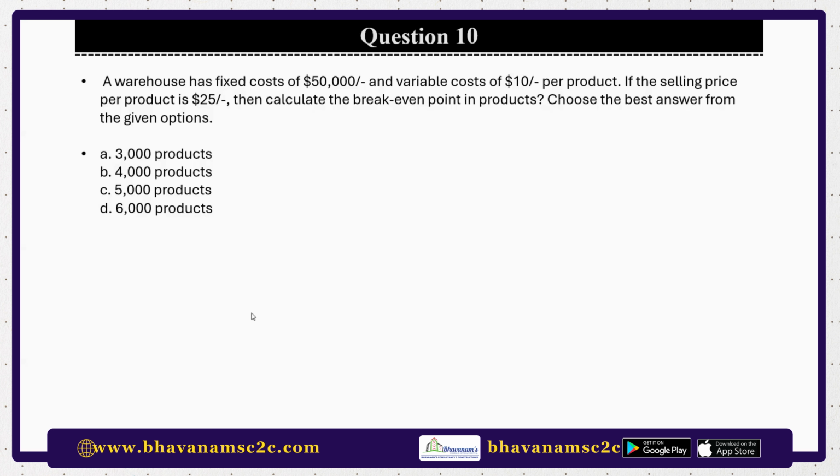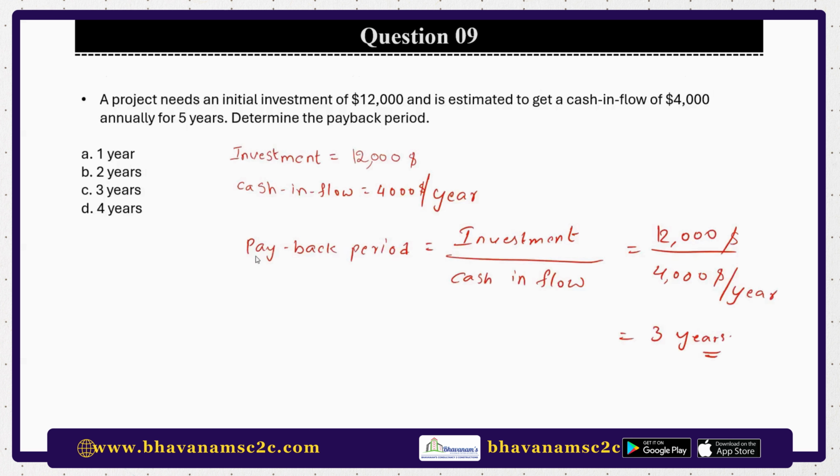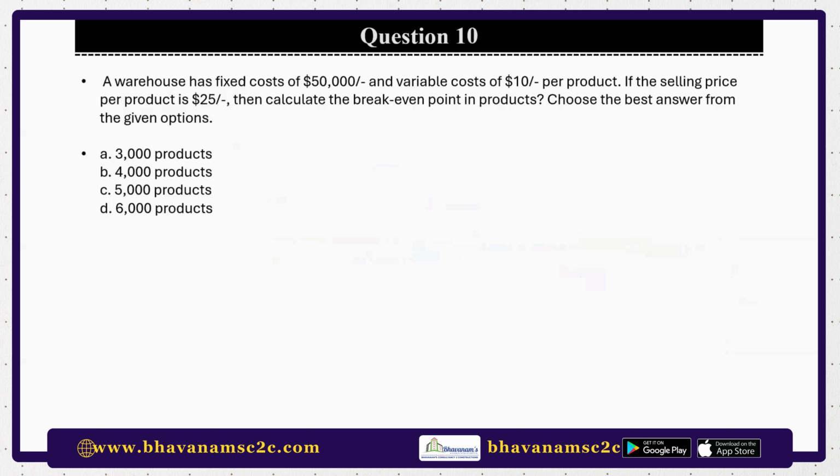I will give you one other input here. We did the previous problem, right? So the payback period means within what duration the investment will be equal to the cash inflow. Similarly, in break-even analysis, after selling how many products, the investment will be equal to the sale value.